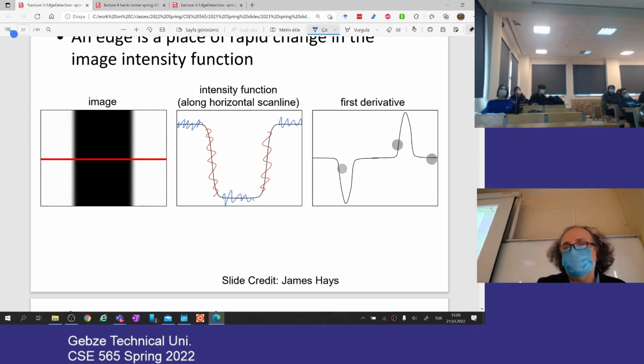That's what I get. So it looks like detecting the edges in our images means that we will take the derivative, okay, and wherever the absolute value of the derivative is high, we call those places edges, because our definition of edge is the sudden intensity change.